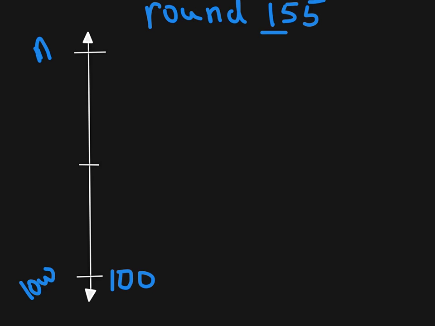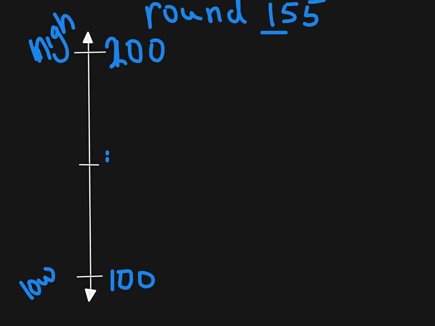Now I know, whoops, I'm trying to write, my stylus is not working so well today. So I know that 155 is somewhere between 100 and 200. So I'm writing my low on the bottom, my high on the top, and then the next thing I need to do is write the number that's right in between. In order to find the number that is in the middle, I just need to go one place over.